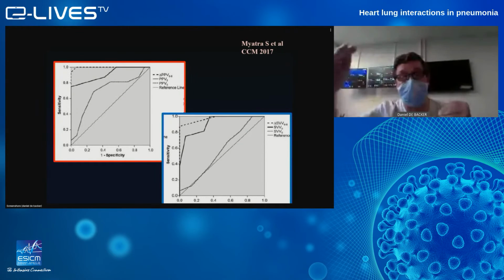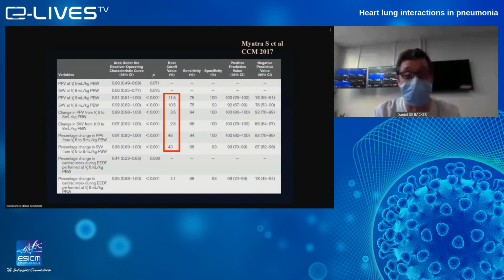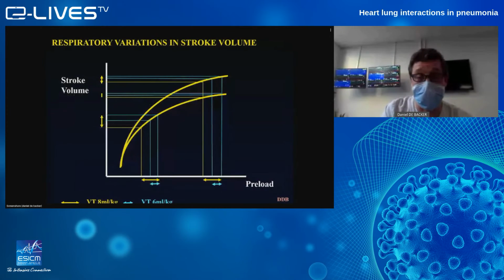So the dynamic aspect, changing from 6 to 8, is much more relevant than any measurement done at 6 or at 8. This is nicely shown here by several cutoffs, with very good performance with this type of analysis.